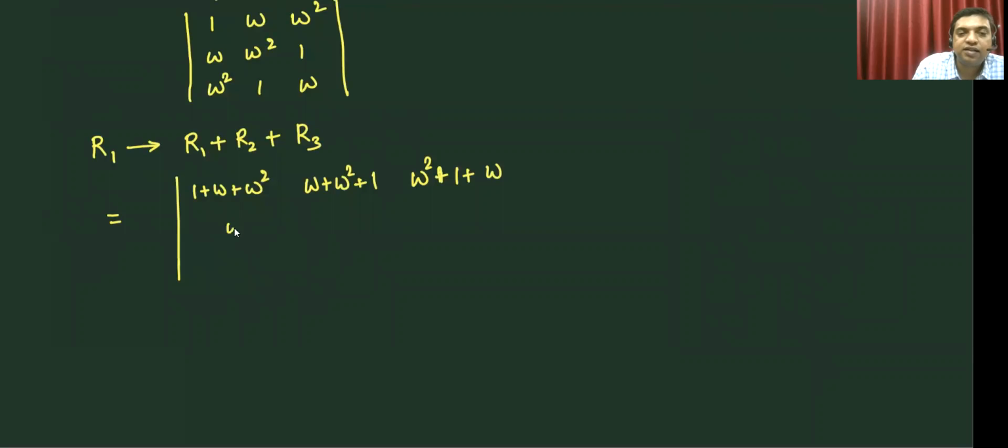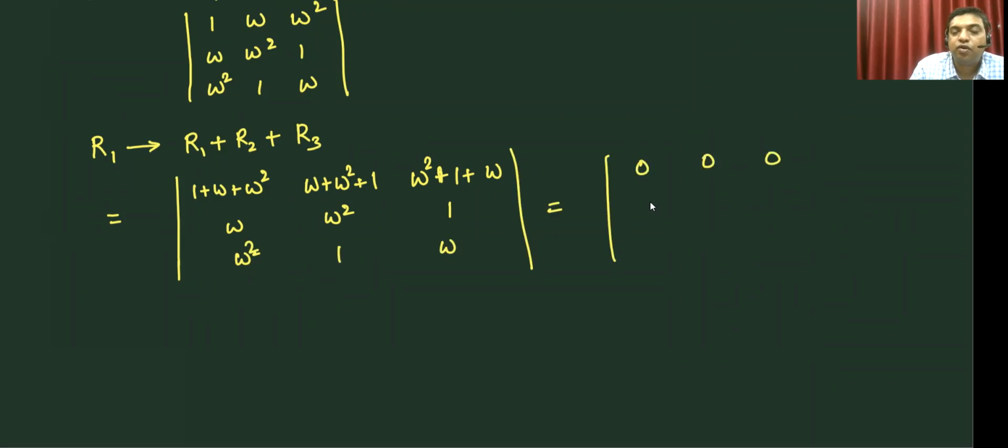All three are zeros. Now, all elements of a particular row or column is 0. Then what happens? It becomes 0. Okay, that's how we do that.